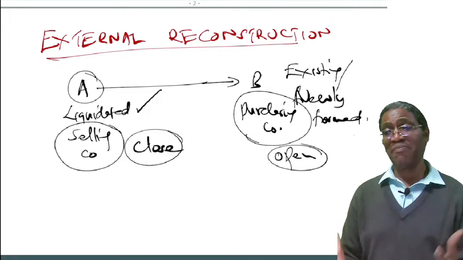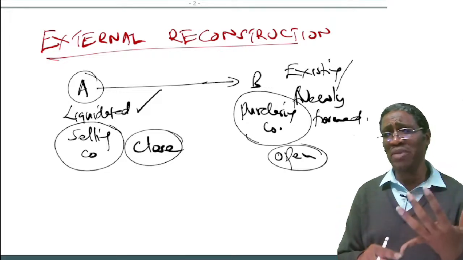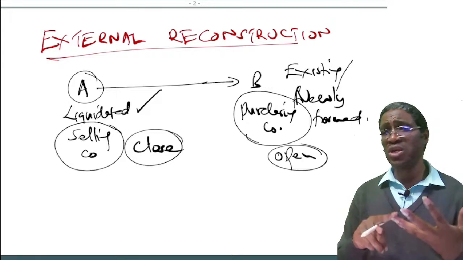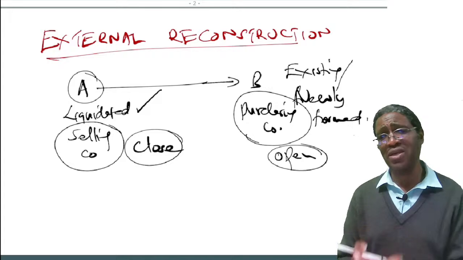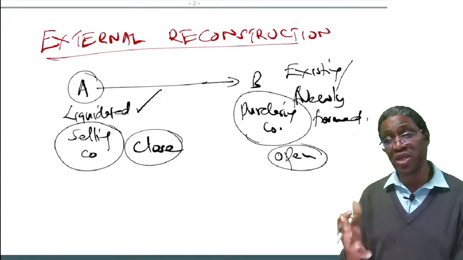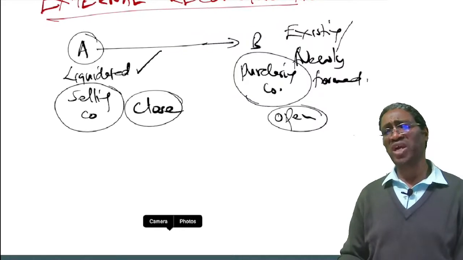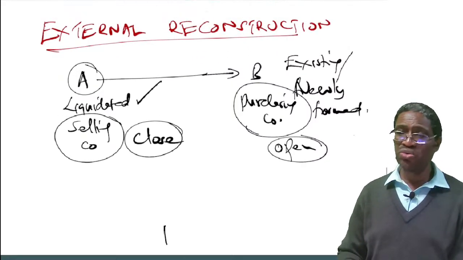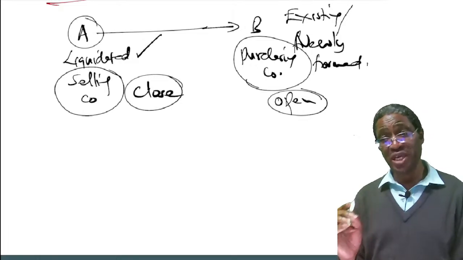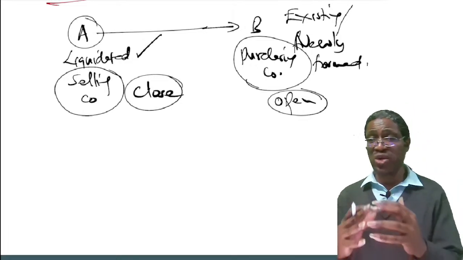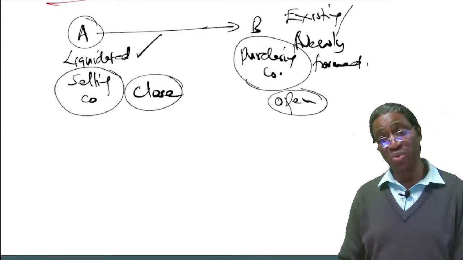The stakeholders may include the ordinary shareholders, the preference shareholders, and the debenture holders. When a company is liquidated, normally the owners of the company are paid what is due to them. So ideally, that's what we are going to do for company A. We sell the business, we liquidate it, pay the owners, and everybody will go their way.